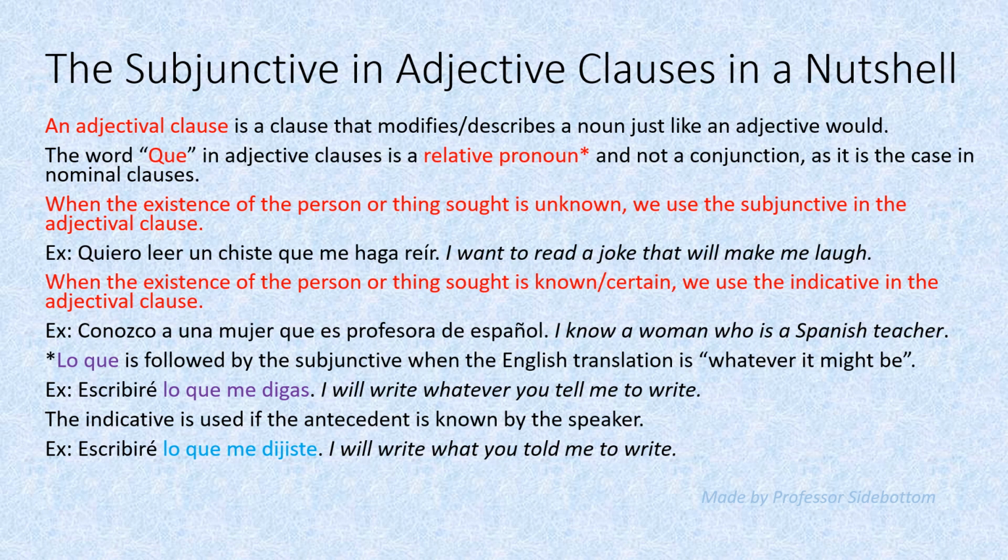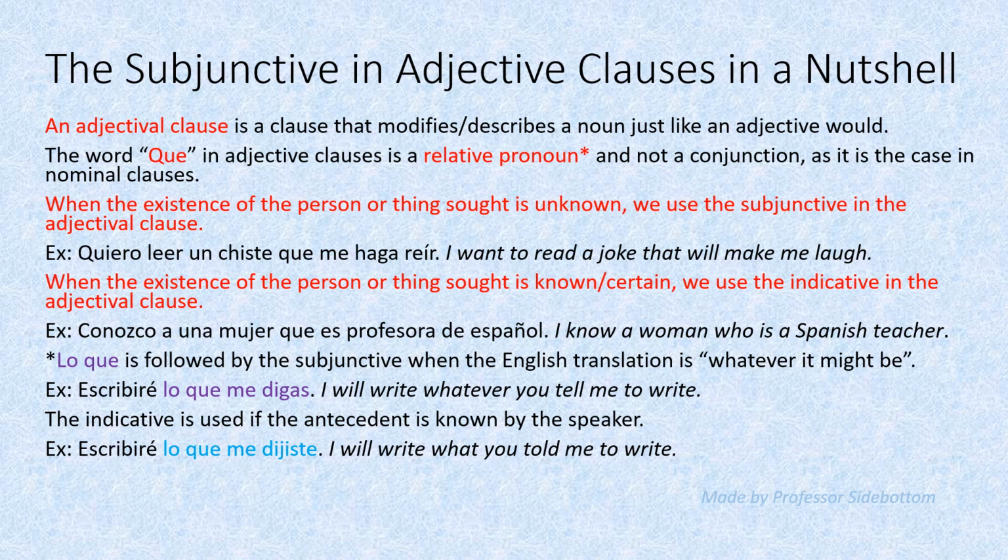Here is the subjunctive in adjective clauses in a nutshell. An adjectival clause is a clause that modifies or describes a noun just like an adjective would. The word que in adjective clauses is a relative pronoun and not a conjunction, as it is the case in the nominal clauses.